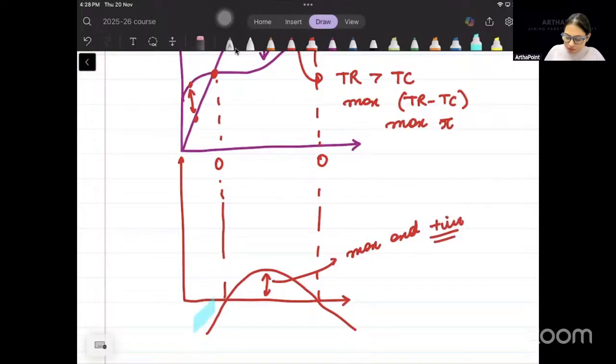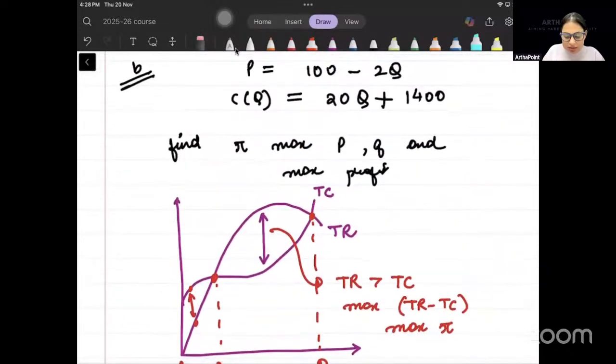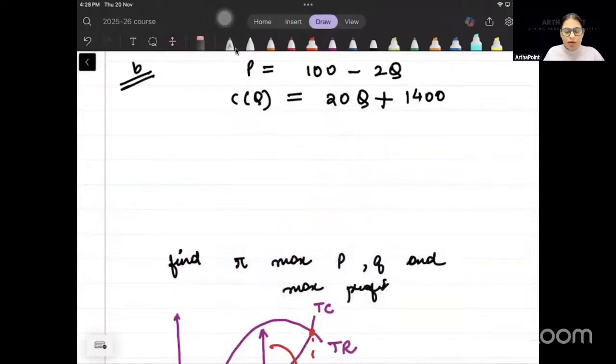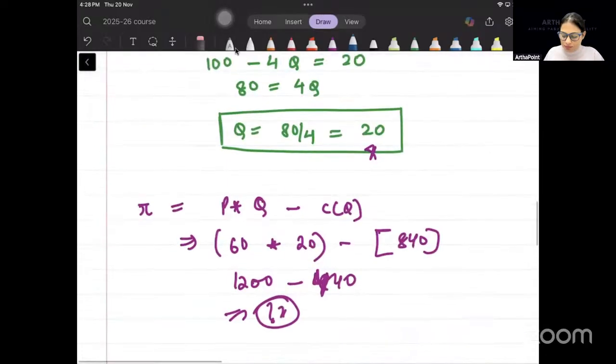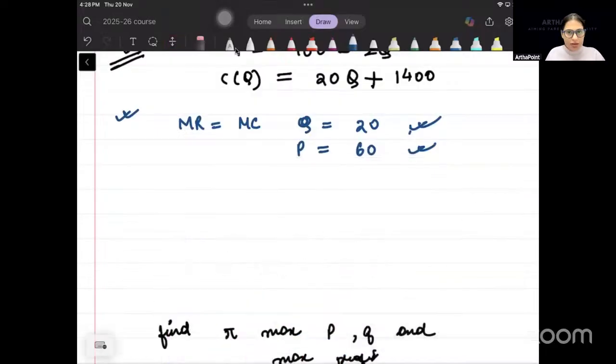This is where my profits are negative. Okay. Now, in this question, no doubt, when you equate your MR to MC, you get your quantity as, what quantity you getting? 20. ठीक है. You get your price as 60. Okay. No problem.